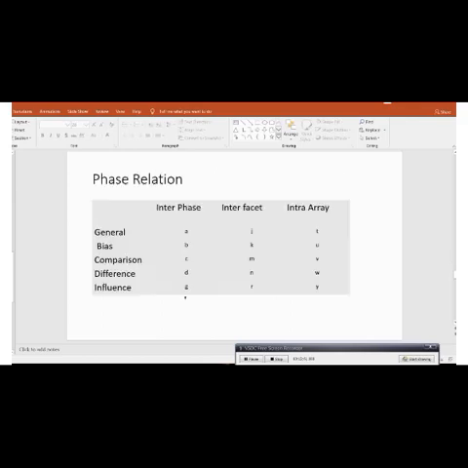So he gives spaces to future phases of the subjects also. He used interfacet, interarray. Sometimes the subject may be generally arranged, sometimes bias, comparison, difference, influence.